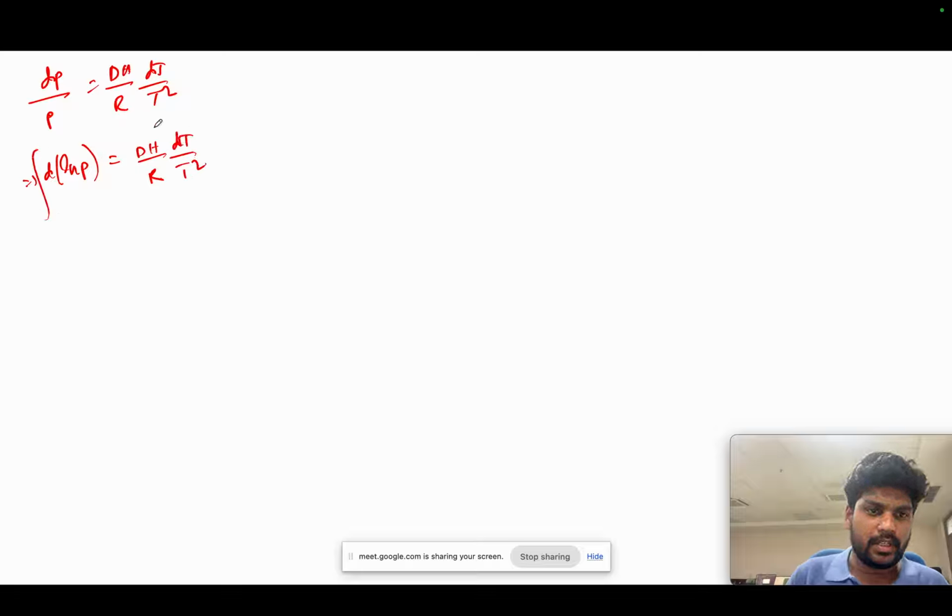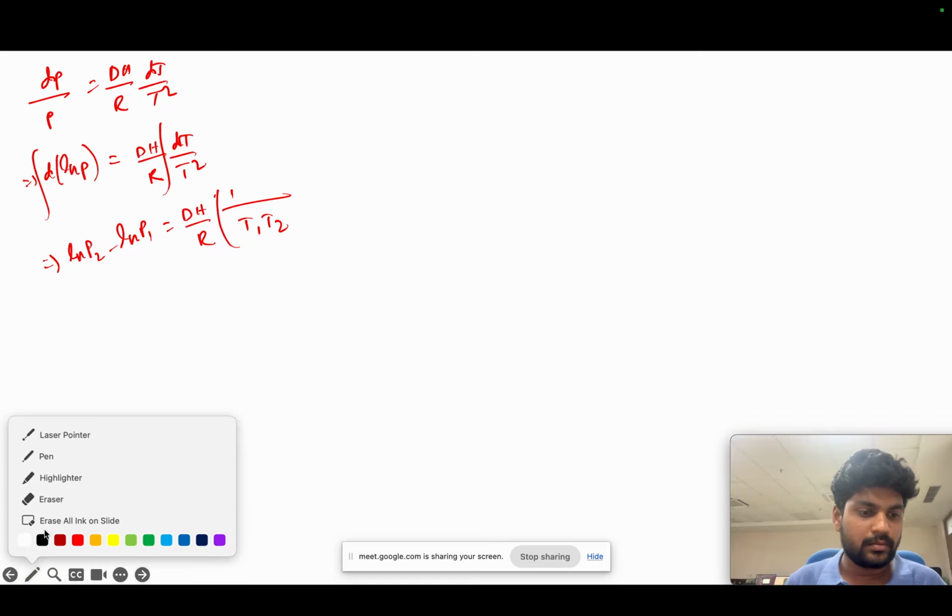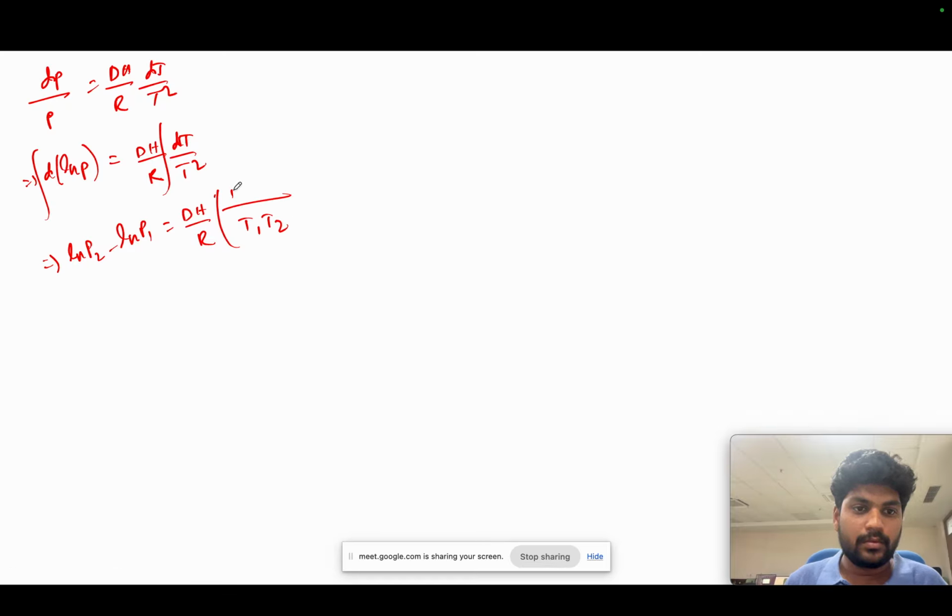If I apply integration on both sides, it will be ln P2 minus ln P1 equals delta H by R times minus 1 by T2 minus 1 by T1. Taking the LCM, it will be delta H by R times T2 minus T1 over T1 T2, for the ideal gas.